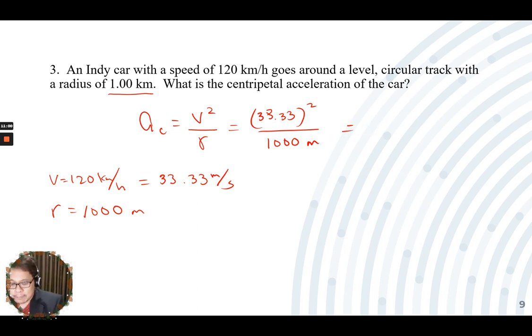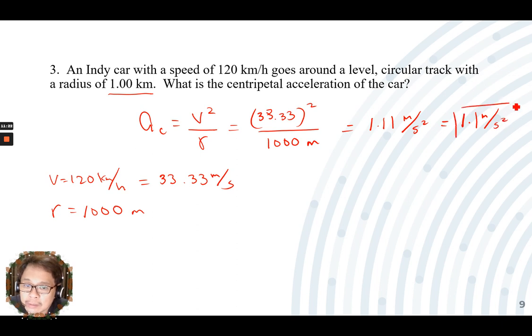So what do we get? 33.33 squared divided by 1,000, you get 1.111 meters per second squared. So we use 2SF, you get 1.1 meters per second squared. So this is the centripetal acceleration of the car, 1.1 meters per second squared, directed towards the center.